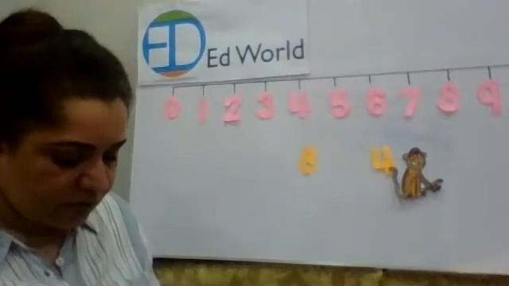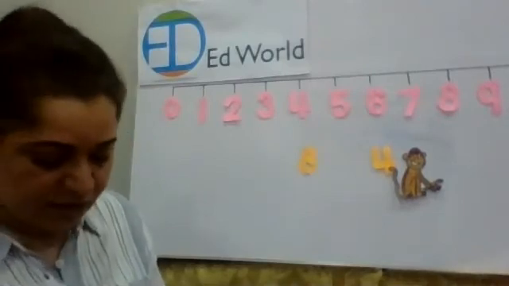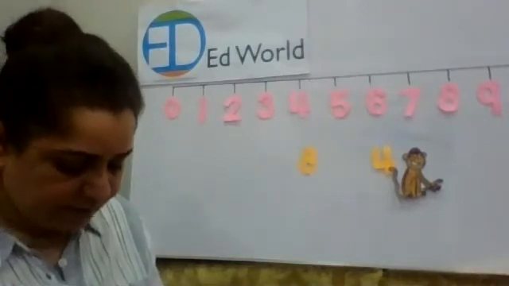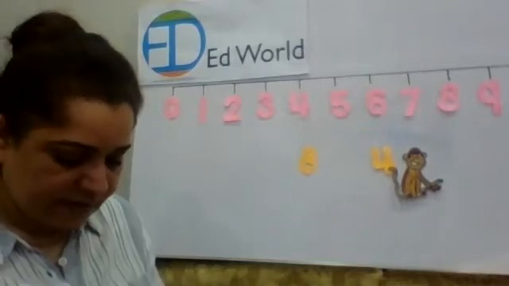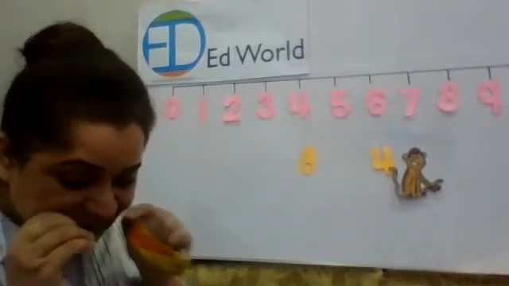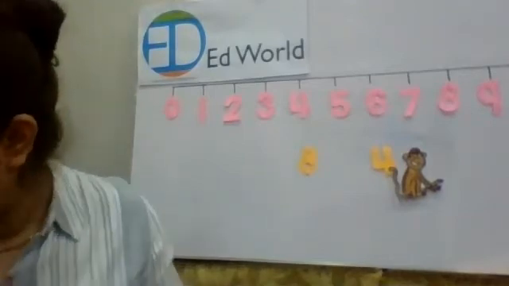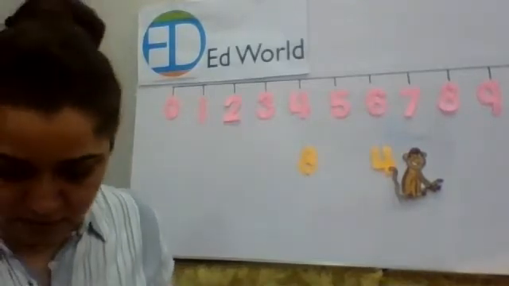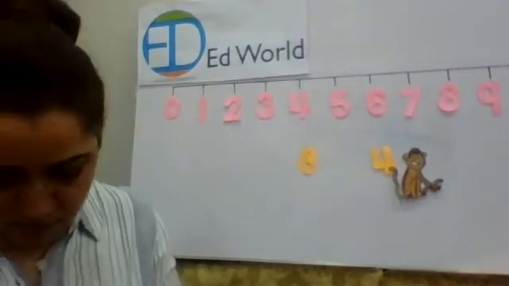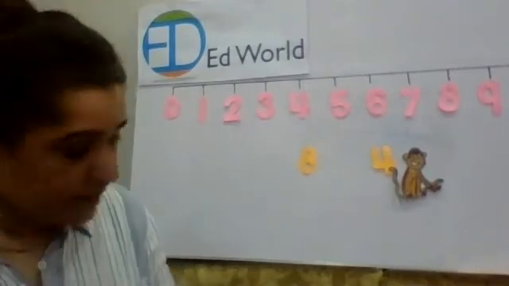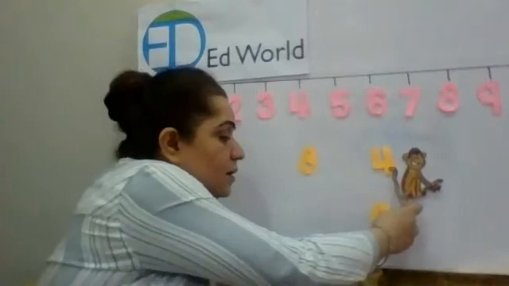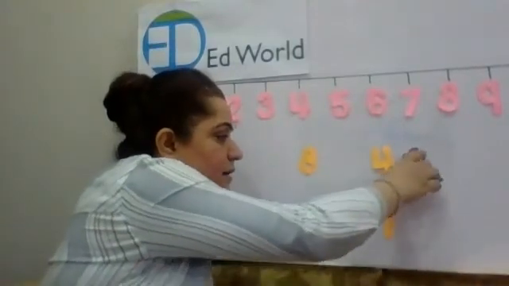Okay, now we are going to give Jackie another number, right? Now let's see what Jackie comes up with. Now the next number is number 9.